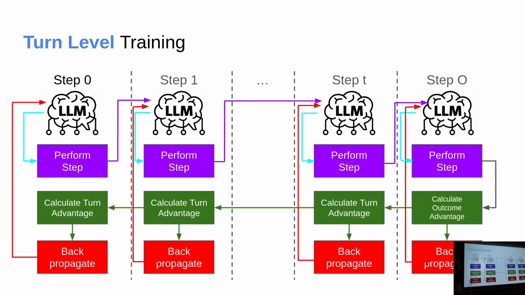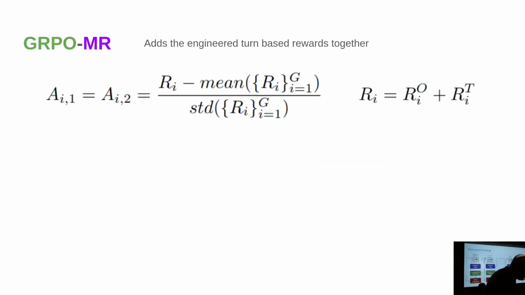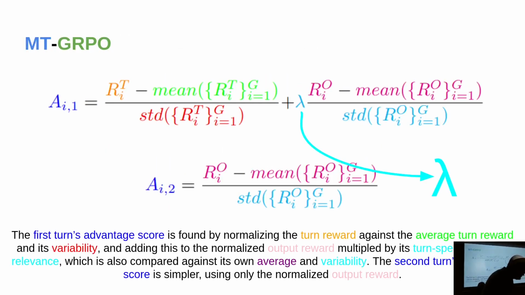It's saying that, hey, I want you, as the person training this, to determine how relevant the output of the answer or the correct move is to this particular turn. And what that is doing is essentially acting as a relevance factor. So this is saying the first turn's advantage score is found by normalizing the turn reward against the average turn reward and its variability, same as GRPO, but then you add on the normalized output reward multiplied by its turn-specific ratio of relevance.